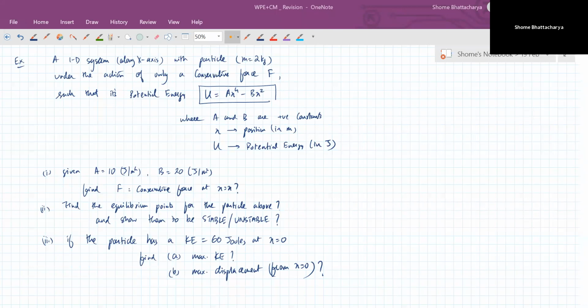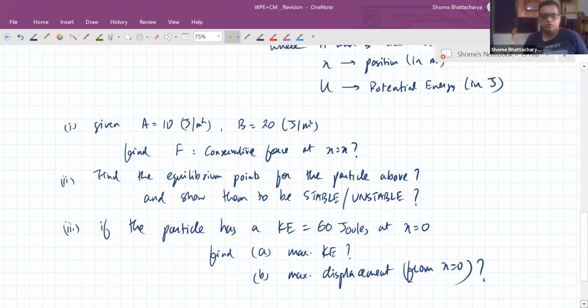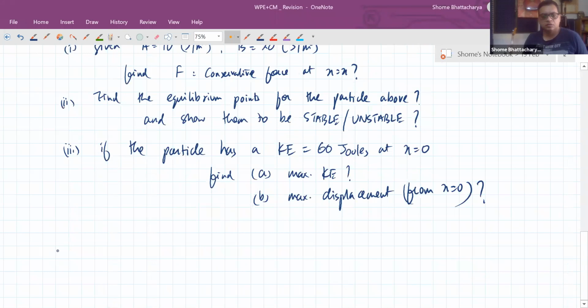Okay, so let's understand this question in detail. By substituting the values of A and B that are given to us, we can see that the potential energy function is equal to this much.